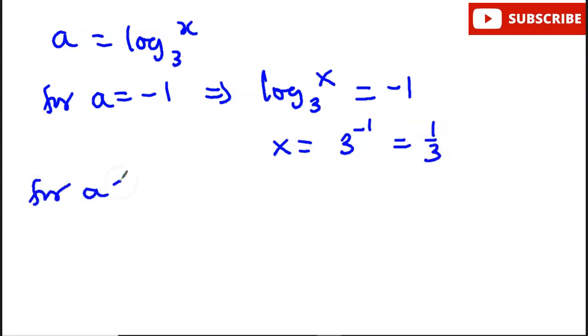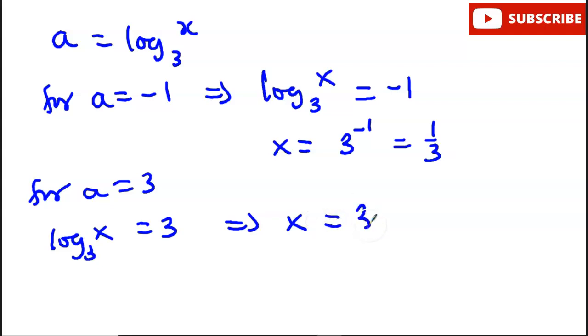For a is equal to 3, log x to the base 3 is equal to 3. This implies that by definition of log, x will be 3 raised to the power 3, which is 27. So therefore x is equal to 1 on 3 and then 27.